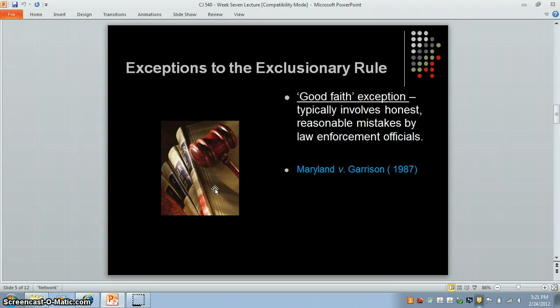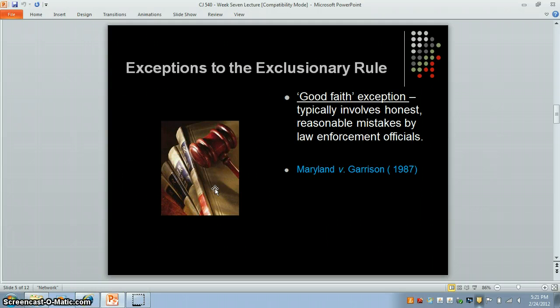In their book, the professors Jeffrey Walker and Craig Hemmons point to Maryland versus Garrison as an example where the police erred accidentally, yet evidence was still admitted in a criminal proceeding. In this case, the police obtained a warrant to search a third-floor apartment for drugs and paraphernalia. The police, however, went to the wrong apartment and searched the wrong person.